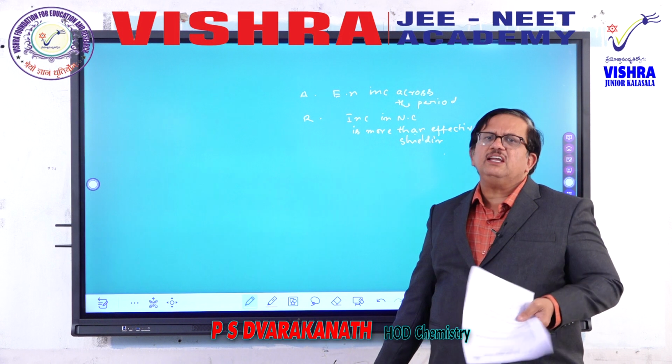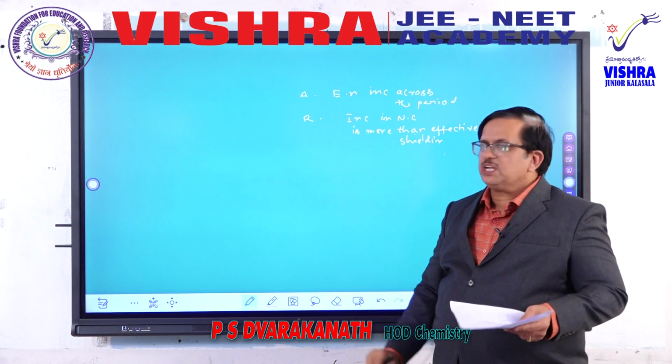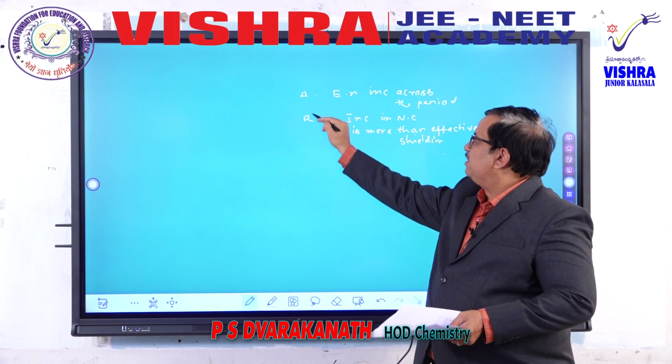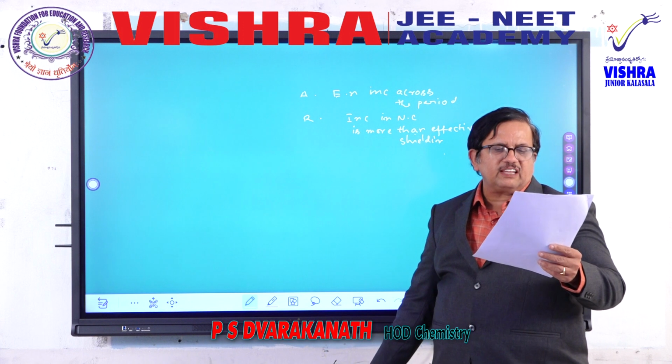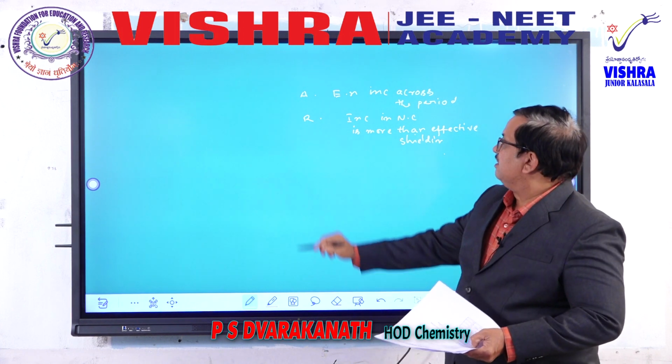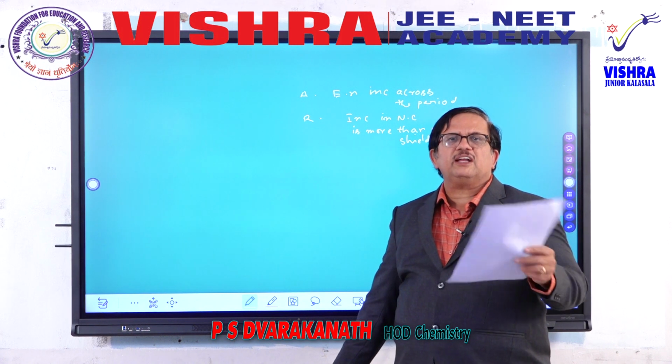Therefore, automatically electronegativity increases. Therefore, what is the option? Both statements, assertion and reason, are correct, and the reason is the correct explanation for the assertion. This is about the fundamental periodic trend.